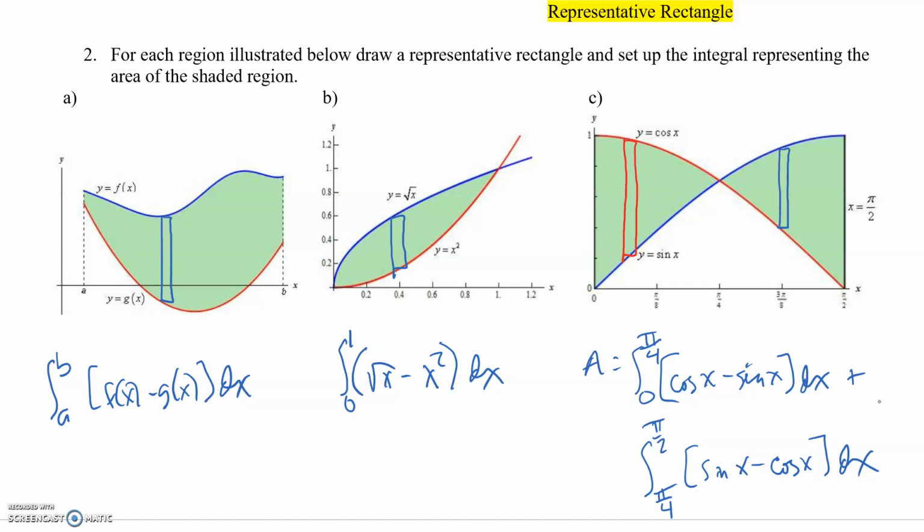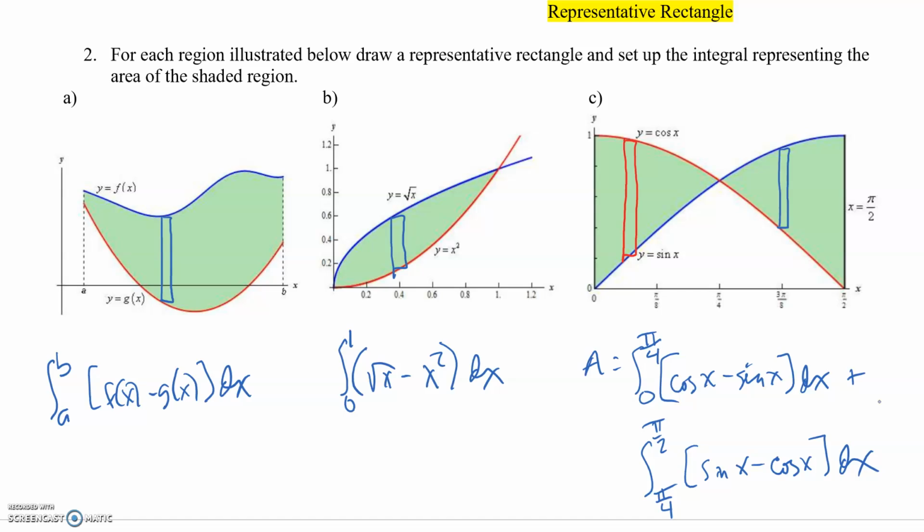And that's going to be a positive value then, won't it? Right? The height of the rectangle in red is going to be positive because the cosine value is greater than the sine value there. And then for the blue representative rectangle, we switched it to sine of x minus cosine of x because the sine values are greater than the cosine values there. So the height of that rectangle will always be expressed as a positive value there.